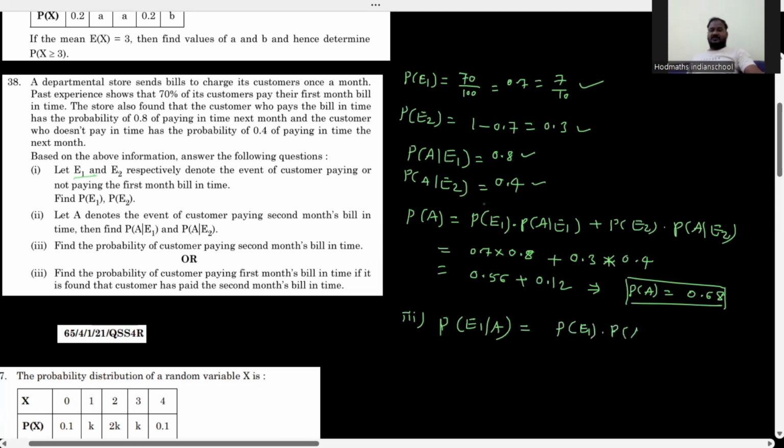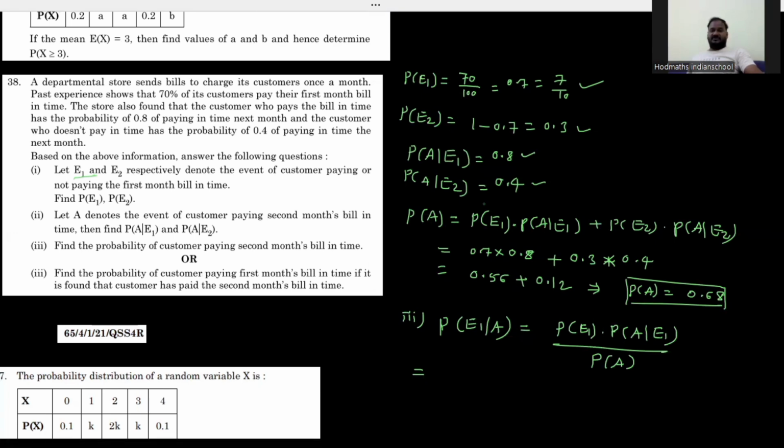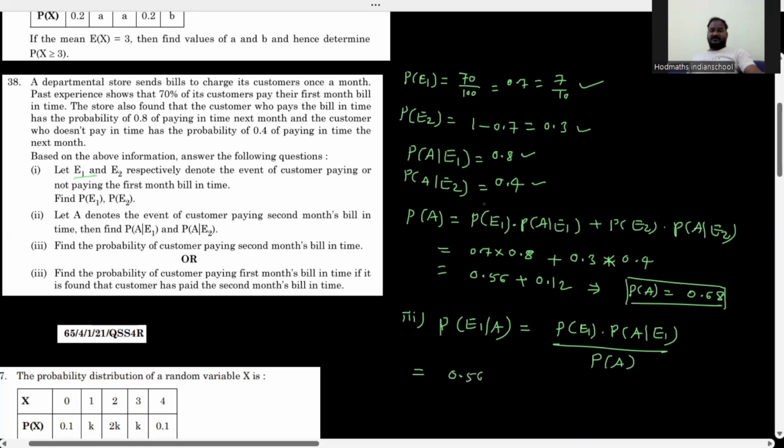Probability of E1 into probability of A given E1, divided by the total probability, which is P of A. Substitute the values. P of E1 into P of A given E1 is 0.7 into 0.8, that is 0.56, divided by the probability of A, which is 0.68.